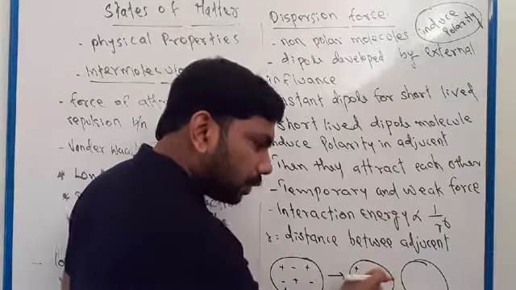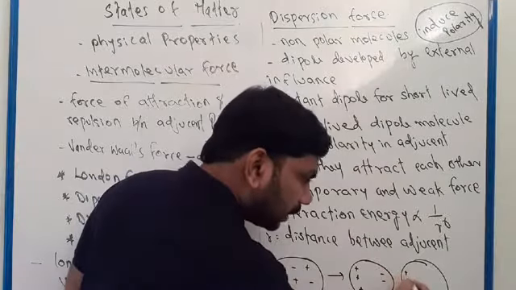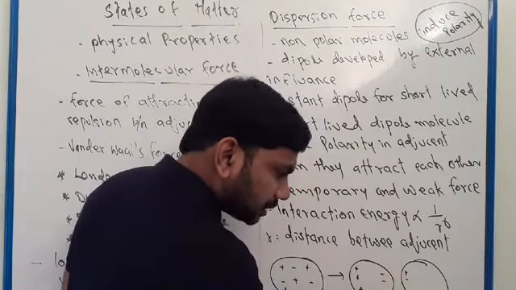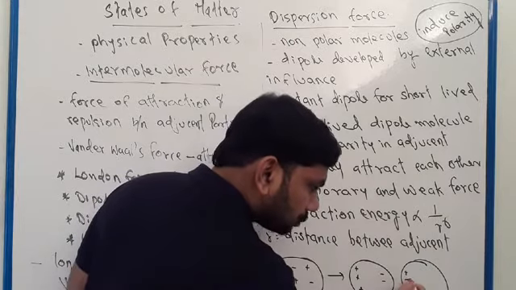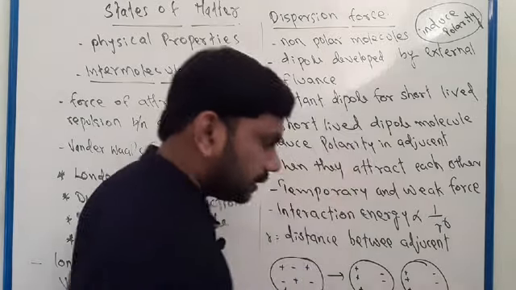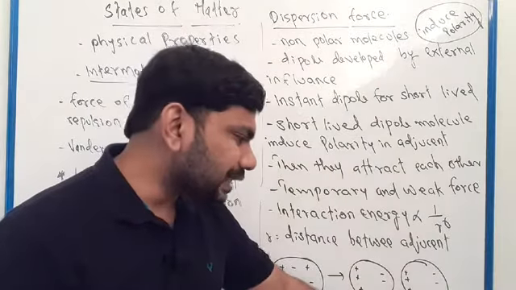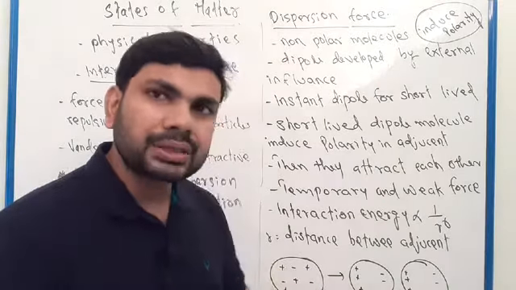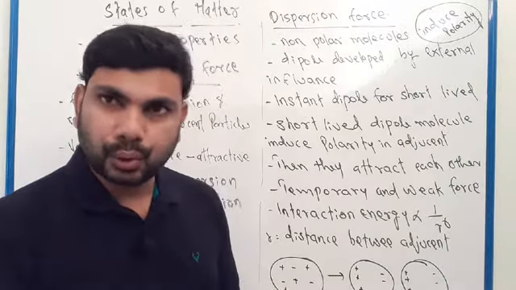Because of this molecule, all positive charge, see here this is negative charge, so positive charge comes to this side and negative charge goes away from this side. Now this is induced polar. Now both are temporary polar molecules.